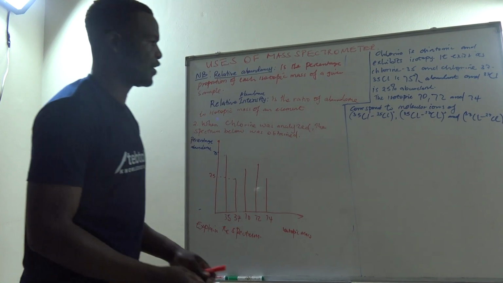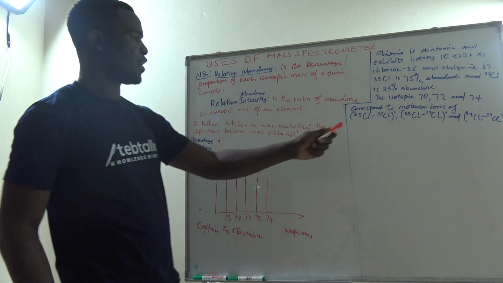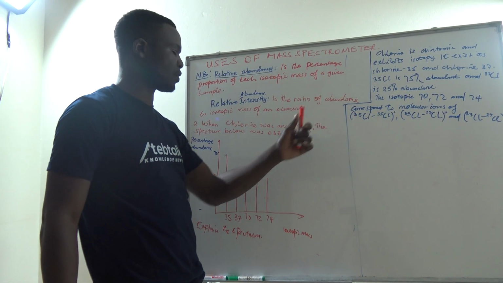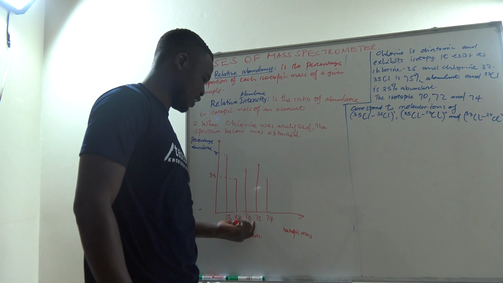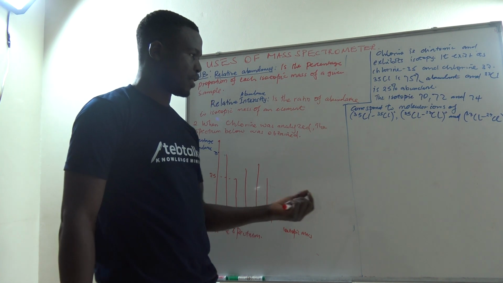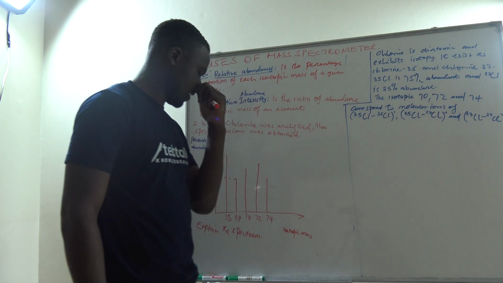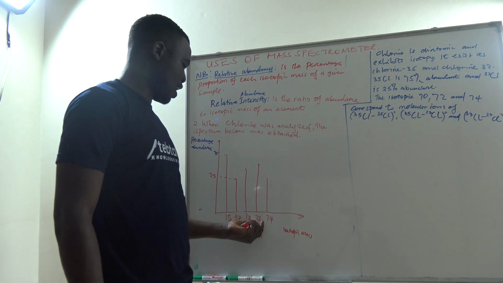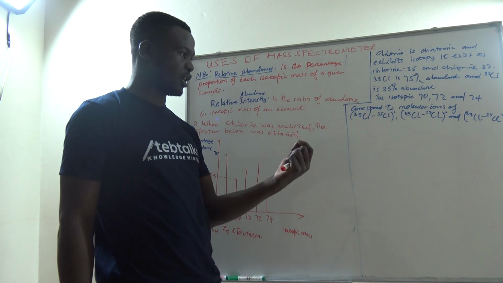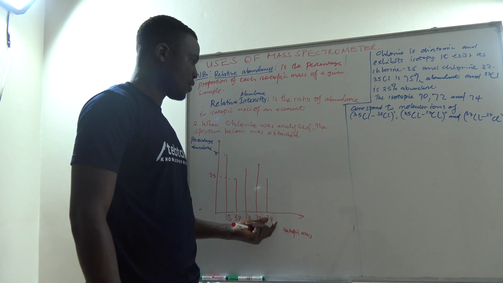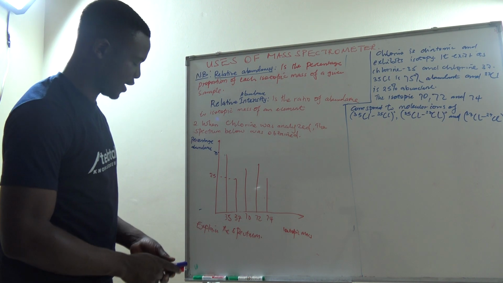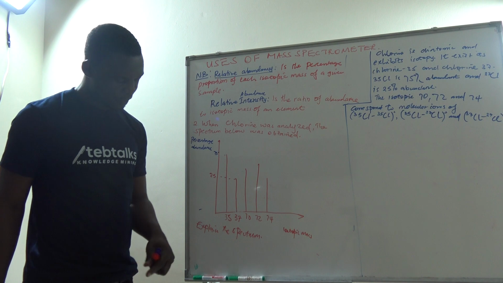Now when you analyze that, you realize that 35 plus 35, since chlorine is diatomic, will give this isotopic mass. And then 35 plus 37 will also give this isotopic mass. Then chlorine 37 with chlorine 37 will also give us that isotopic mass.